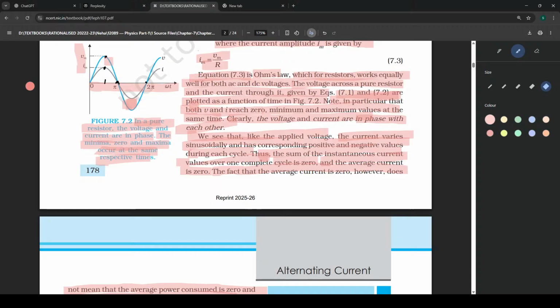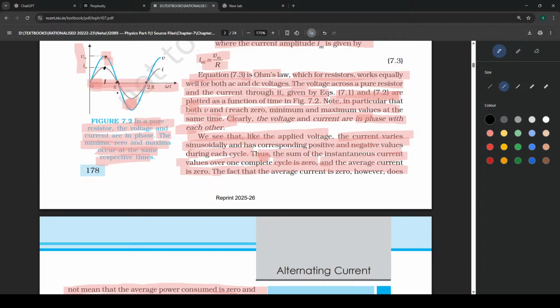And the current has corresponding positive and negative values during each cycle. Because of this, if we take the whole cycle, the total current will be 0, because we have a maxima here and a minima, and both have the same magnitude. So the average current in one whole cycle will always be 0 if it's a sine varying function.